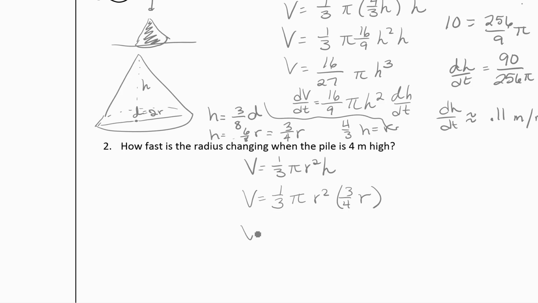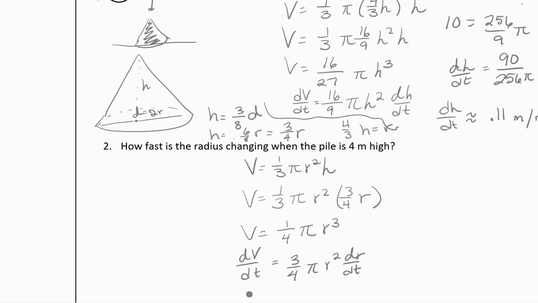If we simplify that, the 3's cancel out. We have 1/4 pi r cubed. So we're going to have dV dt equals 3/4 pi r squared dr dt.